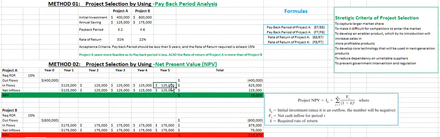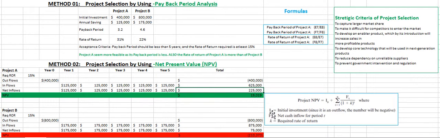Let's assume the same amount. There is no outflow, so the net inflows are the same. The total comes here, and the net flow is 225,000 US dollars.